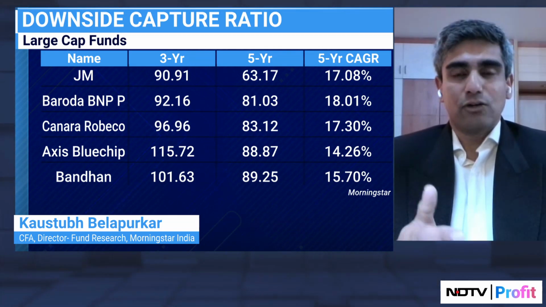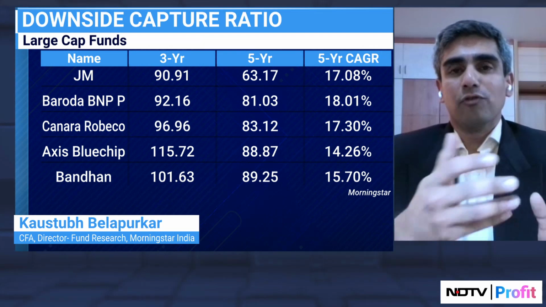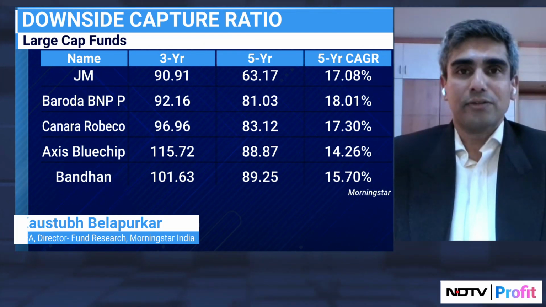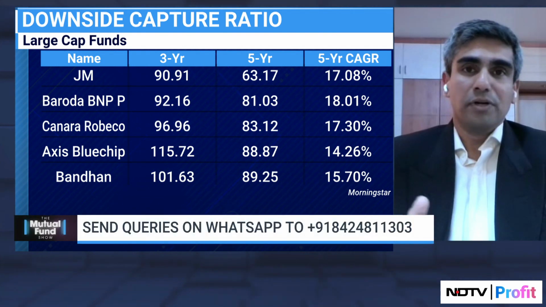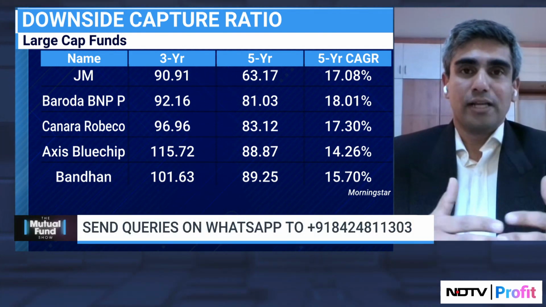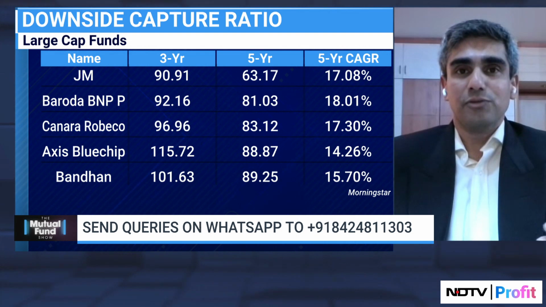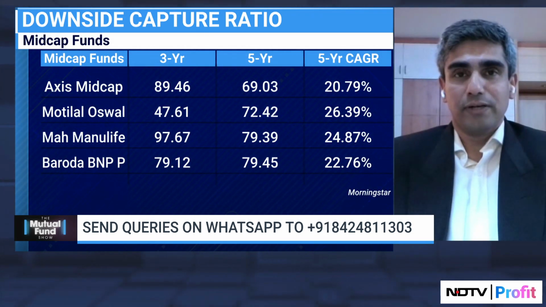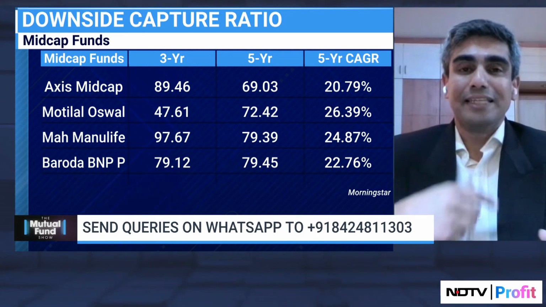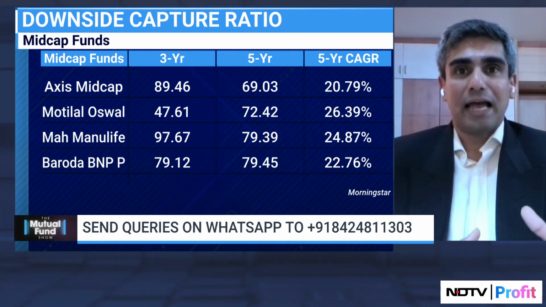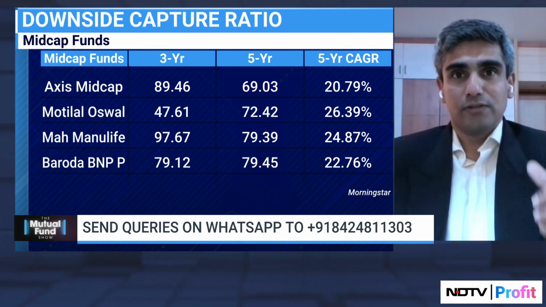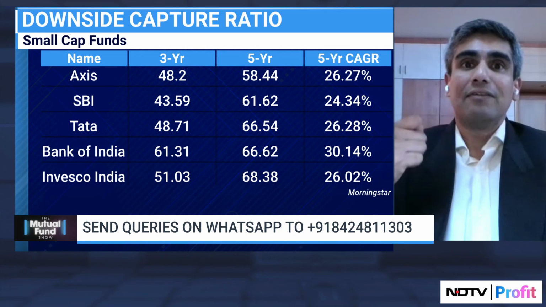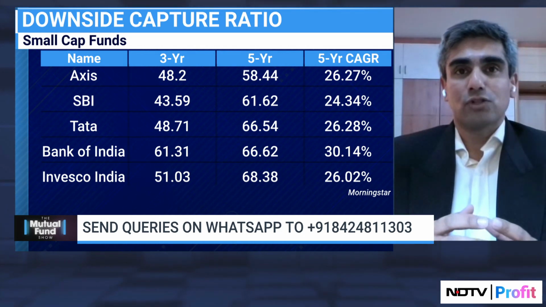By virtue of that, their performance doesn't have a huge delta from the benchmark on either side, right? But with mid and small caps, as we've seen, you can have really interesting periods where funds are beating the benchmark hollow, or the other way, underperforming quite significantly. So these types of funds tend to have smaller or better down capture ratios.